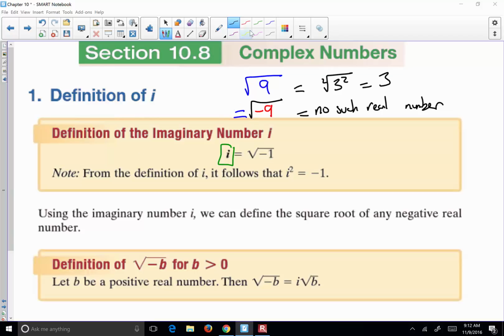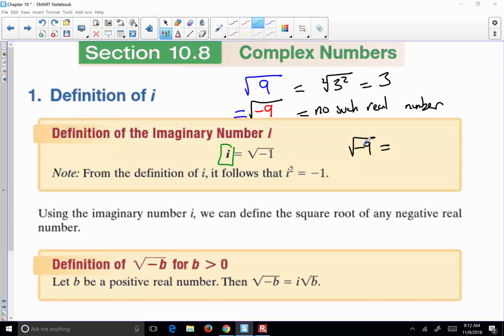The question is, alright, we do know what root minus 1 is: it is i. How about minus 9? How am I going to come up with a symbol for it? Are we going to call it j, k, l, m? No. We will quickly run out of letters if we do that. So this is what they did.